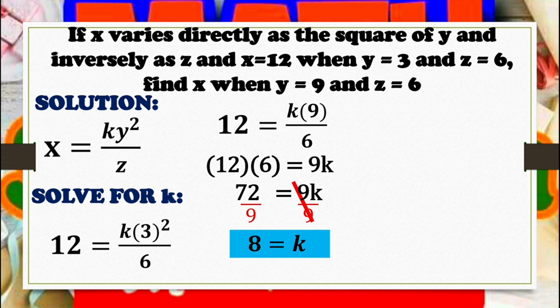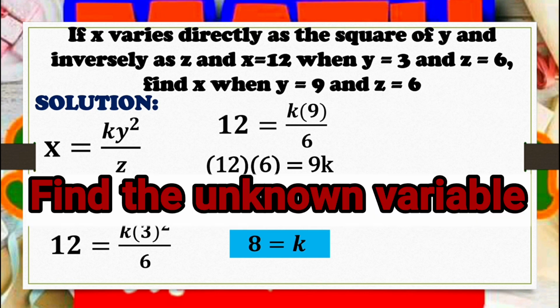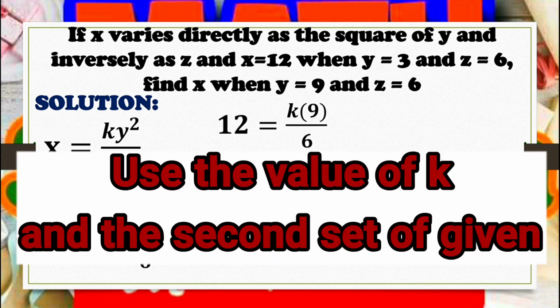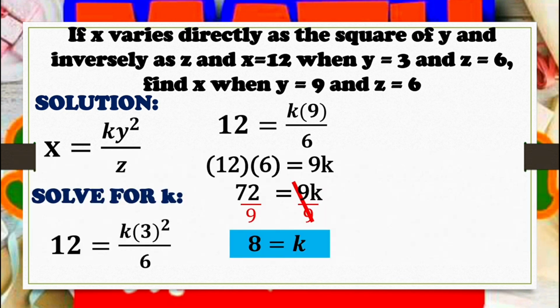After we determine our k, the next thing we need to do is to find the unknown variable. And in this word problem, we will be solving for the value of x. And we will use the value of our k, which is equal to 8, and the second set of given, where y equals 9 and z equals 6.